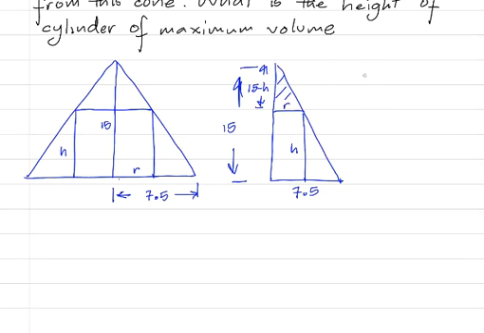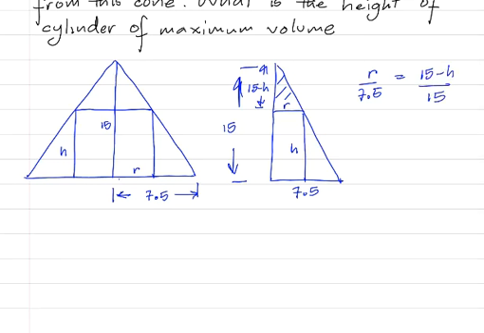So r over 7.5 is equal to 15 minus h over 15.